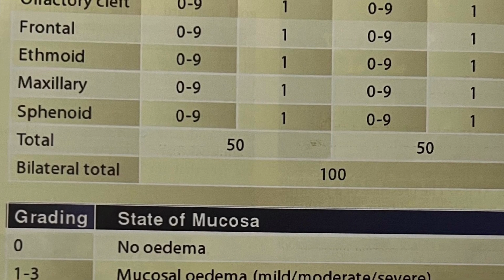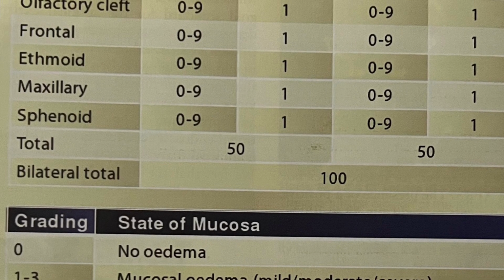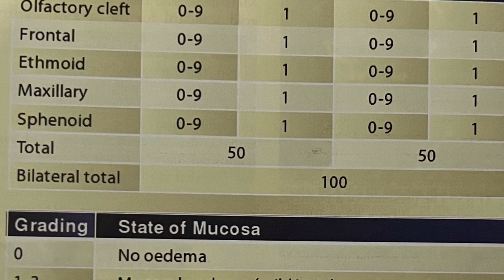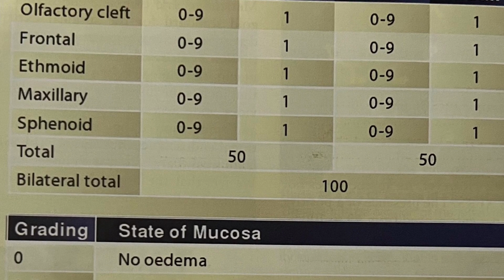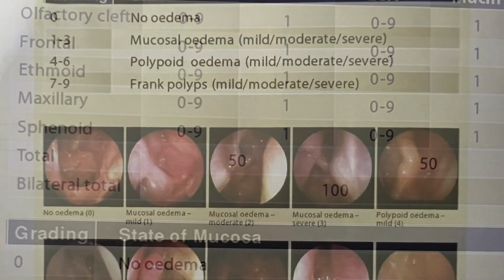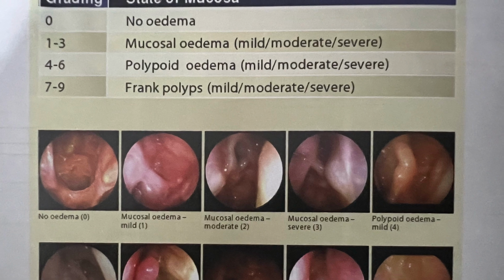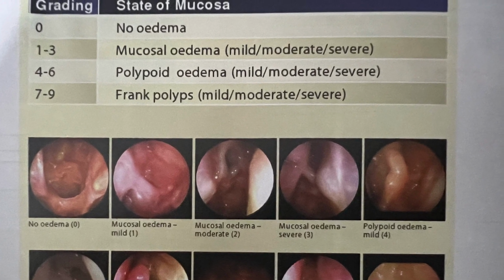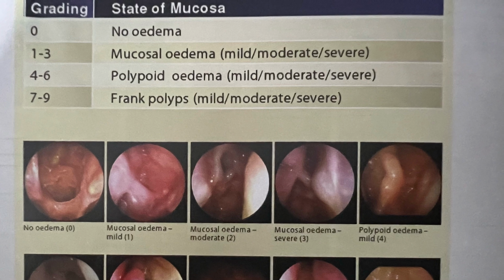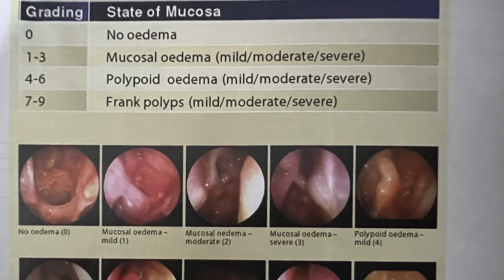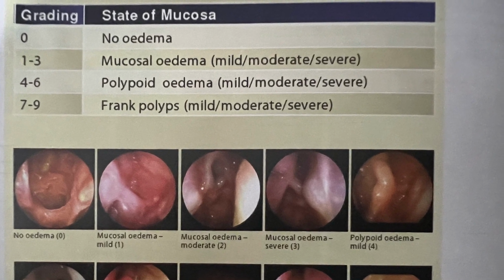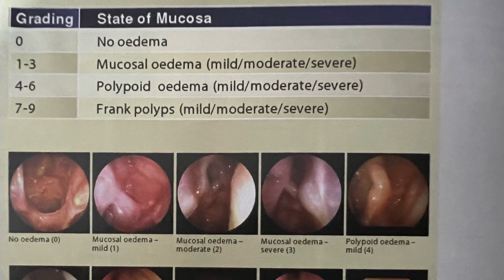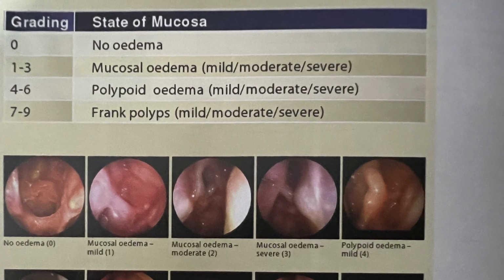According to that, there is grading on the olfactory cleft 0 to 9, frontal 0 to 9, ethmoid 0 to 9, maxillary area 0 to 9, and sphenoid. So in these five areas, olfactory cleft, frontal, ethmoid, maxillary, and sphenoid sinus, the grading is 0 to 9, and that grading dictates the state of mucosa.